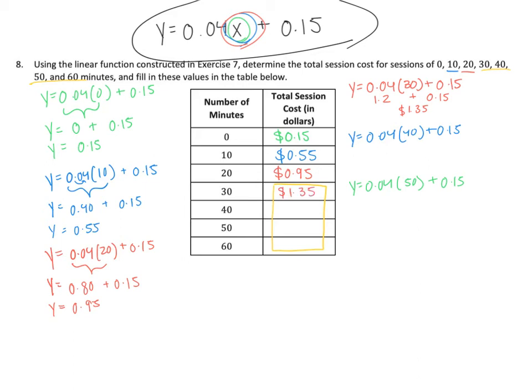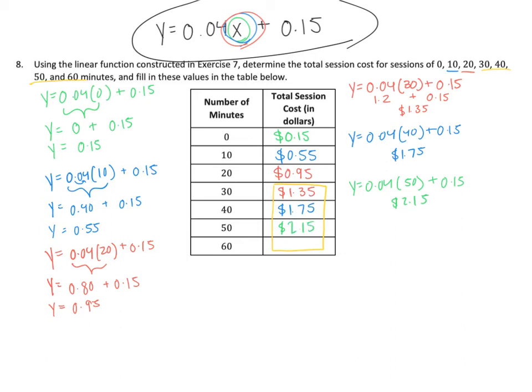For the next one, when you're figuring out 40 minutes of usage, we're multiplying that by 0.04, and then we're adding 15 cents to that, and we should get $1.75. All right. When we're doing 50 minutes, we're doing 50 times 0.04, and then we're adding 15 cents to that, and you should have got $2.15.